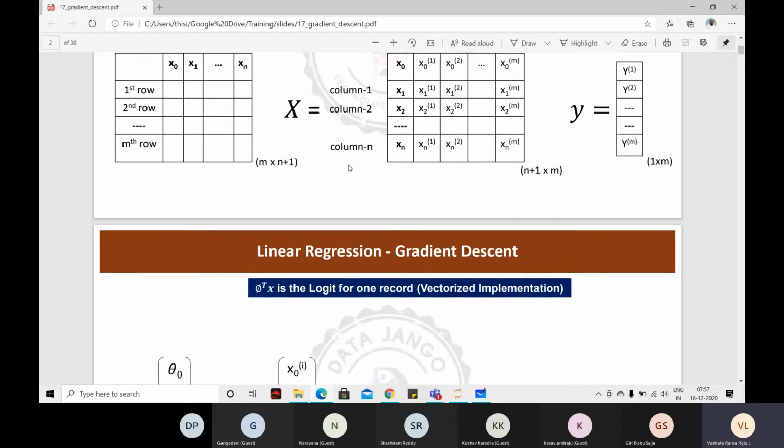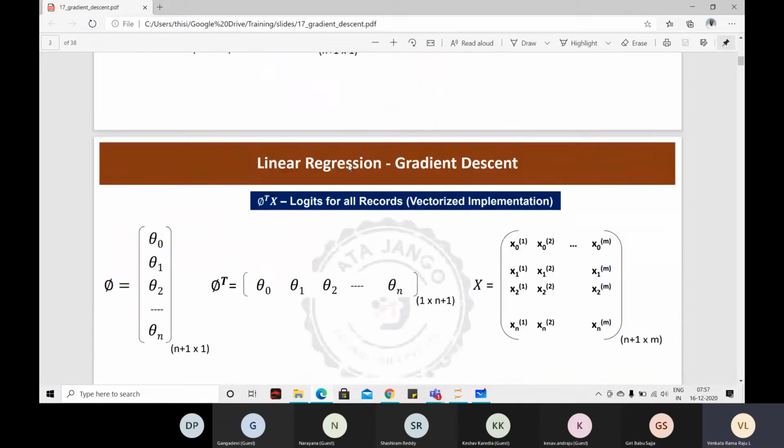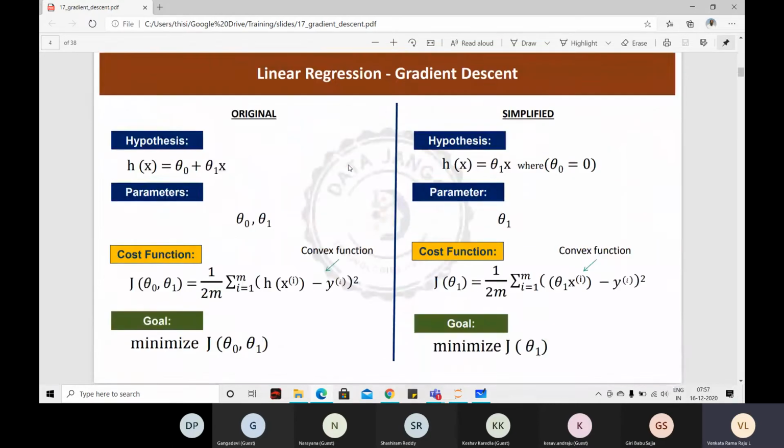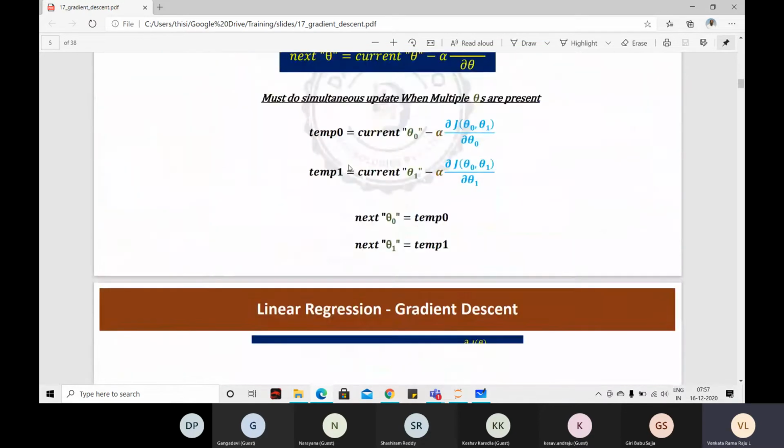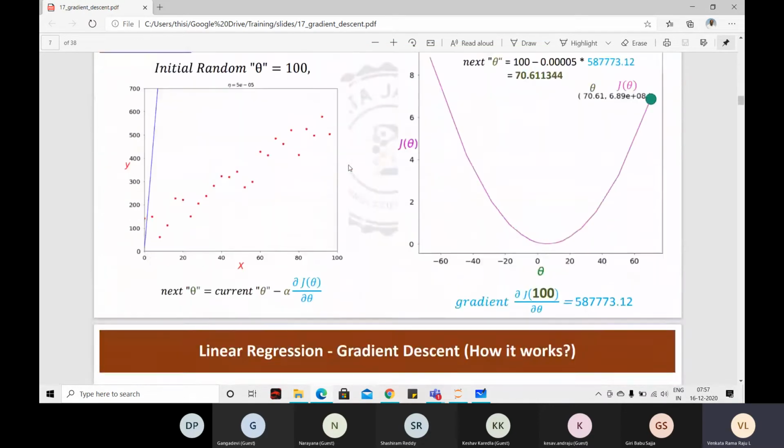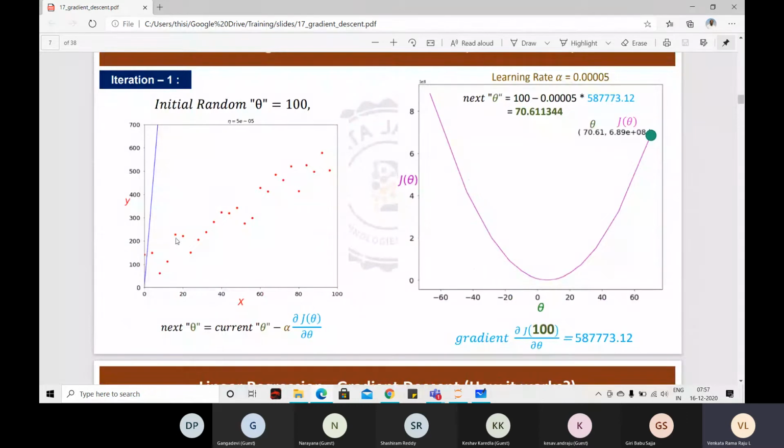We'll come to representations later, but let us see how it's working. See this? I have taken a generated data set. The red dots are the data.